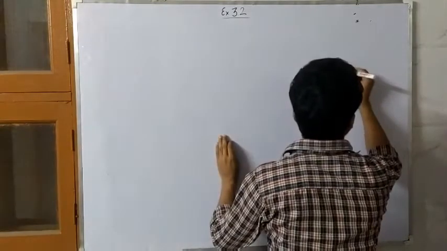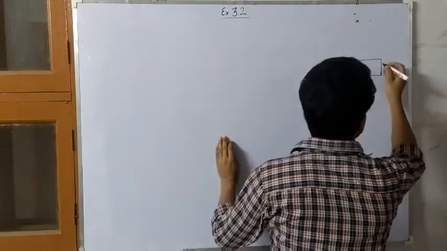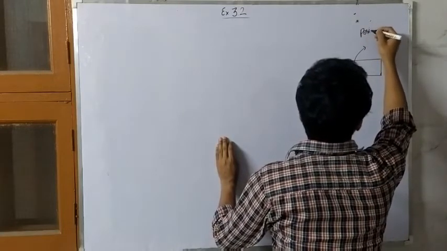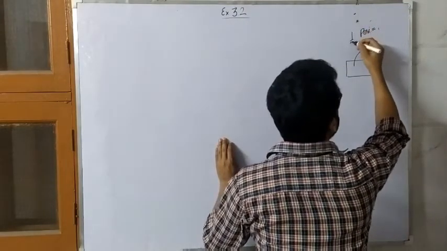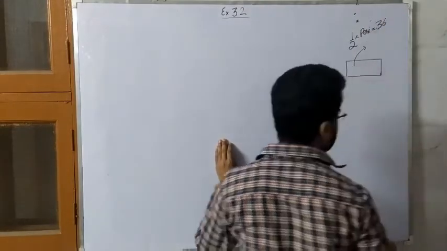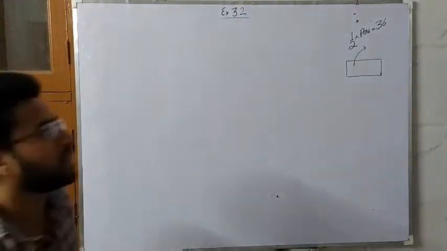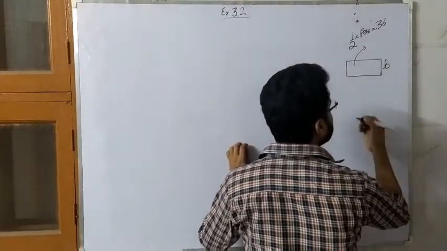Now it is being said that there is a rectangle, and when you do half of the perimeter of this rectangle, you get the answer 36. And one thing more is being said, the length is 4 meter more than the breadth. Whatever is the breadth, right?